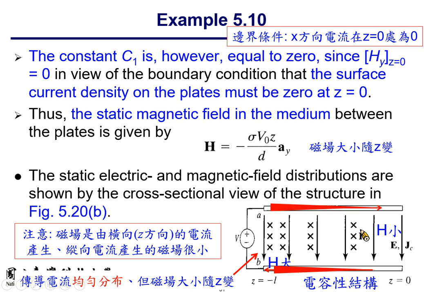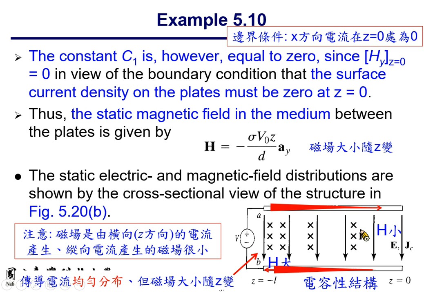Okay, so at the left-hand side, the amount of current should be larger. On the other hand, at the very end of the right-hand side, the current approaches zero because the plate is not connected on the right-hand side, right?